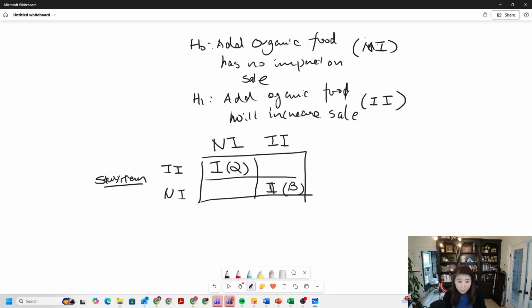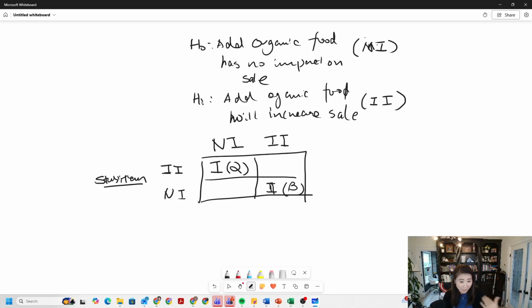Okay, now let's see the following scenario. Because the statistician realized that the type 1 error causes more harm to the business, as I mentioned, you basically tell the business to invest and start a new venture. So you're generating the cost, adding more organic food, but actually it doesn't work.